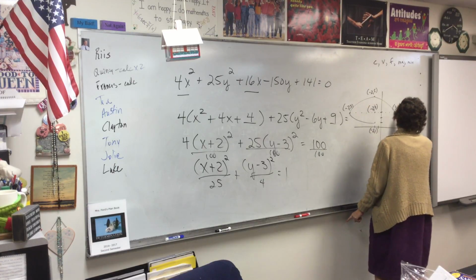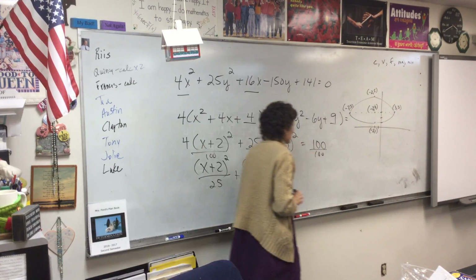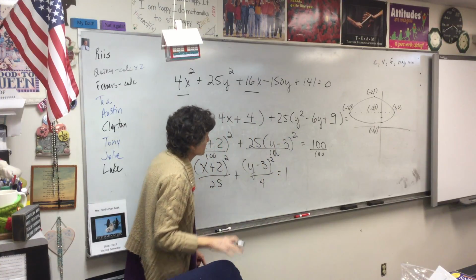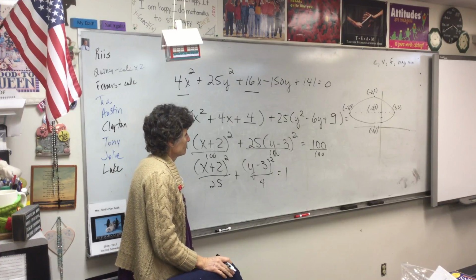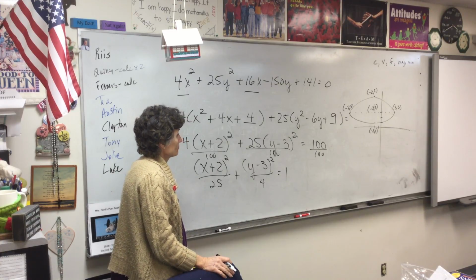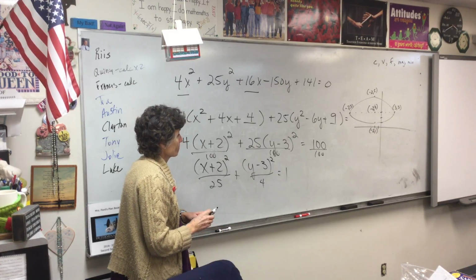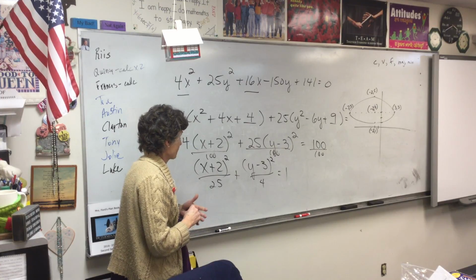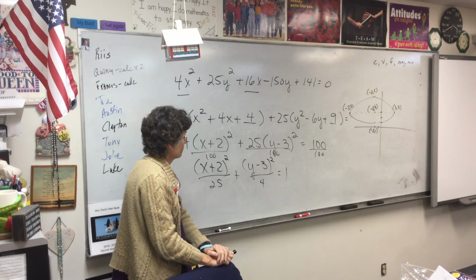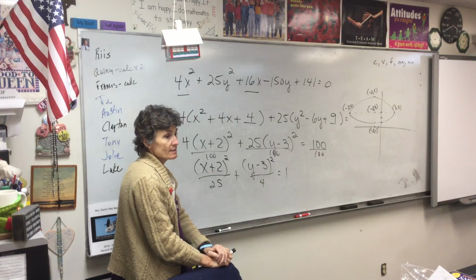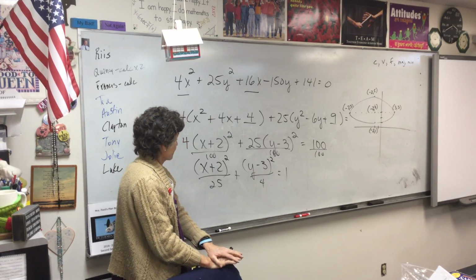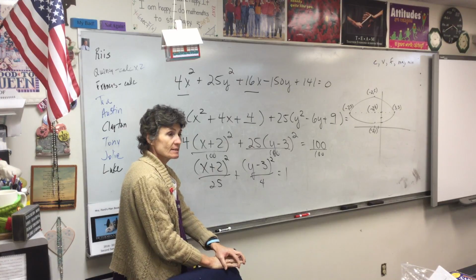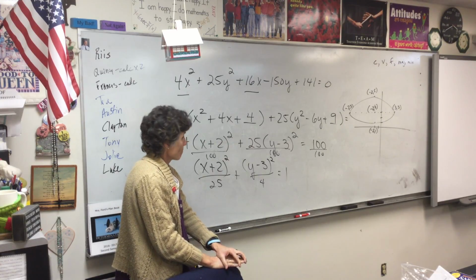All right. Take a look at my vertices, see if they match yours. My major axis is how long? 10. And my minor axis is 4.